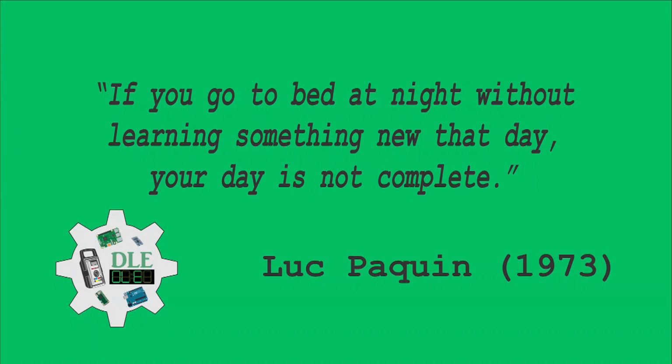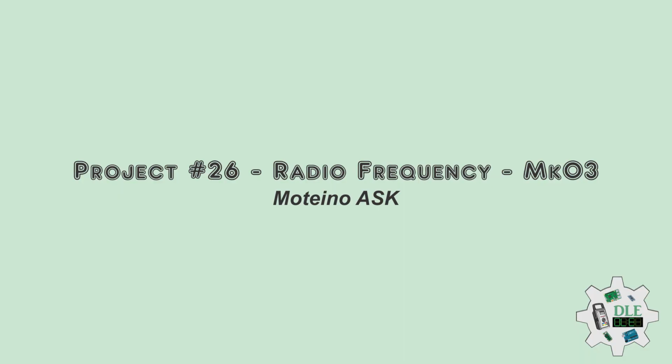Luke Paquin, 1973. Project number 26, Radio Frequency, Moteino ASK, Mk03. Send and receive. These RF transmitter modules are very small in dimension and have a wide operating voltage range.